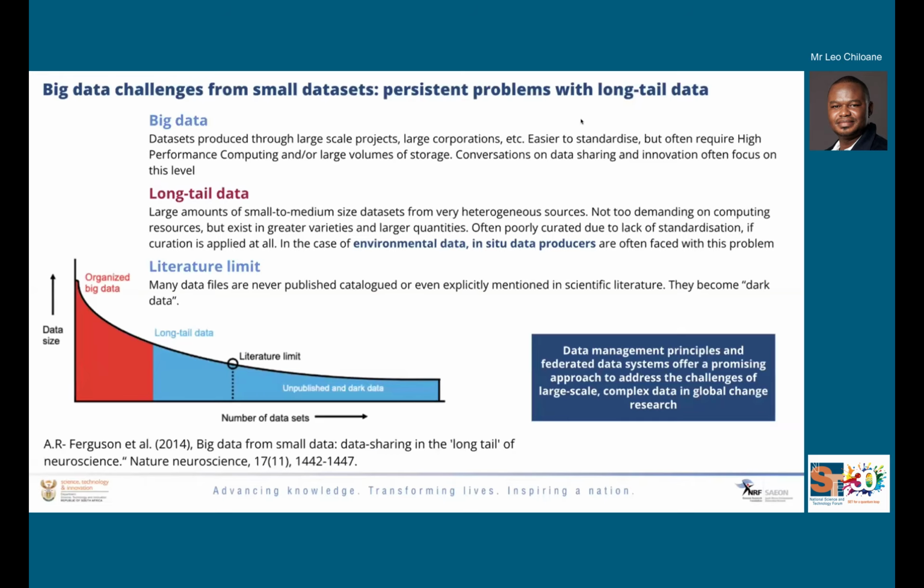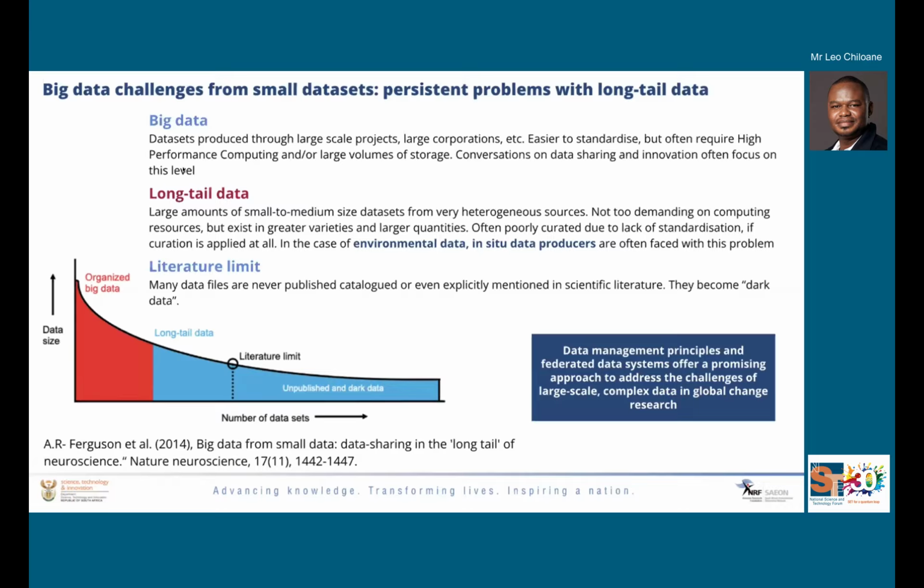So as an environmental organization, we primarily deal with in situ data, really. And I often say we are faced with big data challenges from small data sets because the nature of in situ data is that you don't have very large data sets themselves, but you've got lots of small to medium-sized data sets that are very heterogeneous.